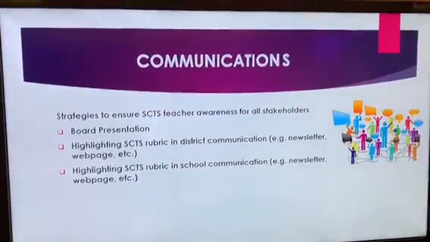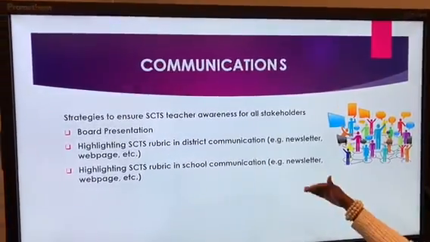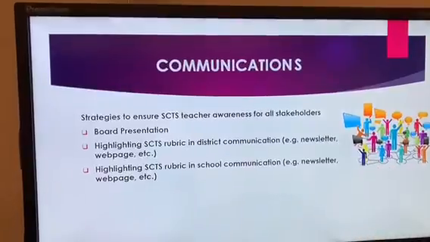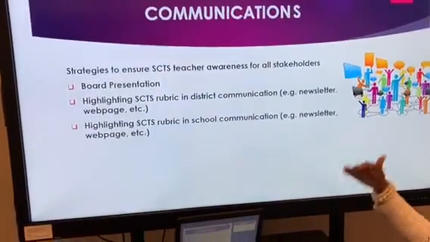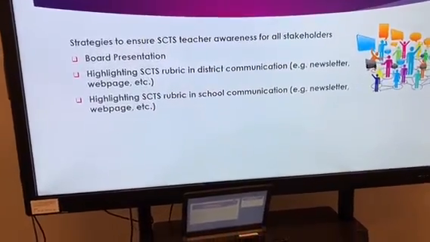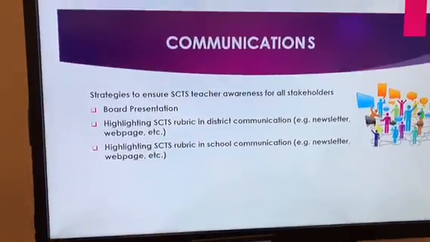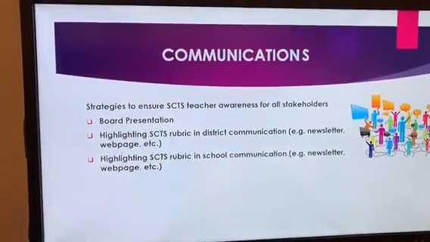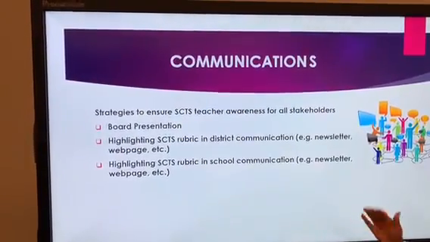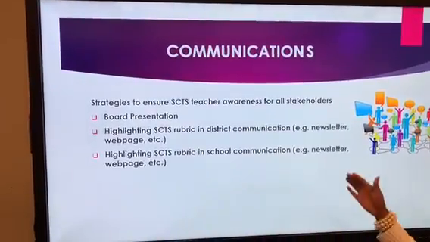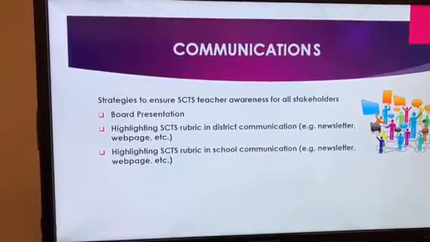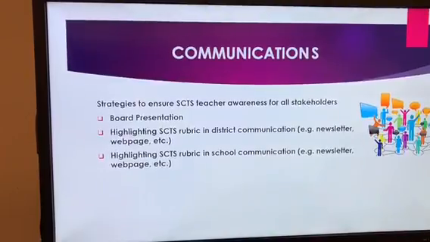I'm working closely with Shelley to put something out on the district, and so she's creating a link for us to be able to upload information about the new expanded ADEPT process. And that's to ensure that all of our stakeholders are aware and that they understand the process as well, and understand that this is a state initiative and not a district initiative.